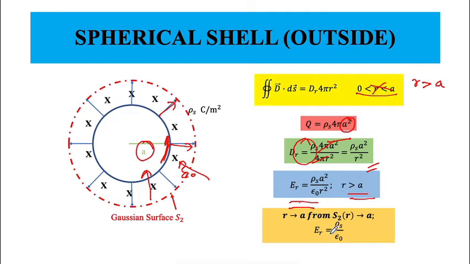So there is some amount of discontinuity between the value you get when r is less than a, as you approach a from the left hand side, and what you get for r greater than a, when you approach the cell from the right hand side. So this discontinuity is a fact.